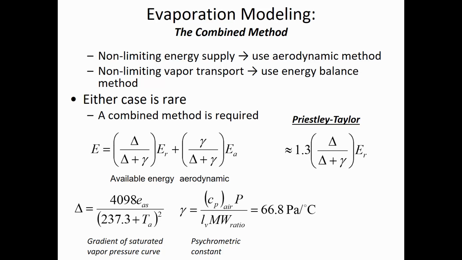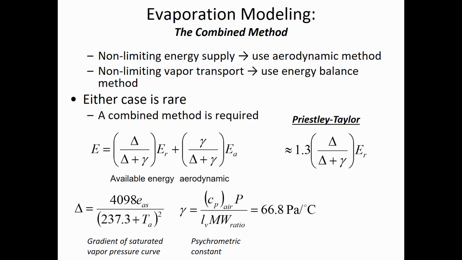we're just going to use, for gamma, 66.8 pascals per degrees Celsius. Now, the delta, though, you will have to calculate based on the E sub as and the T sub a.